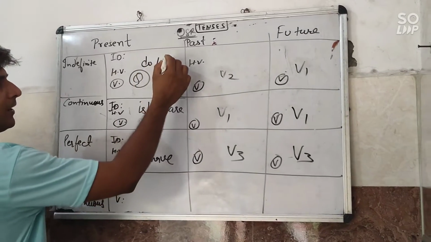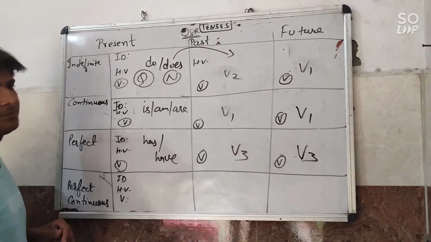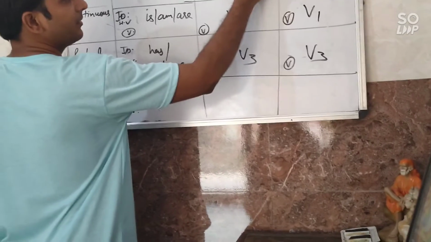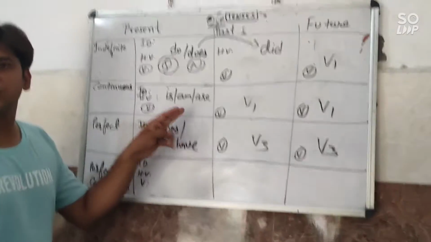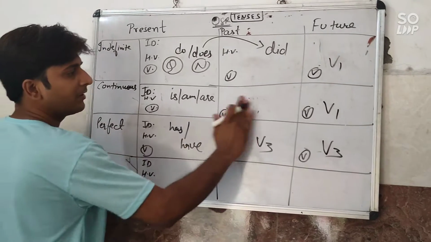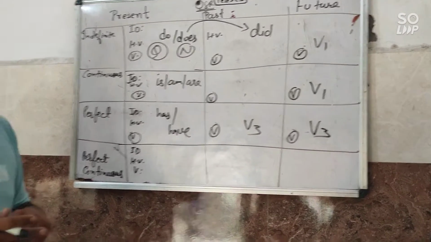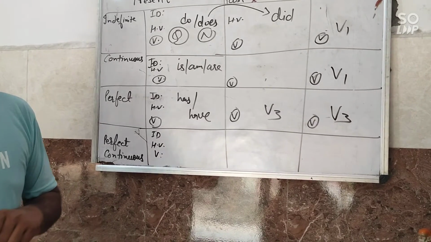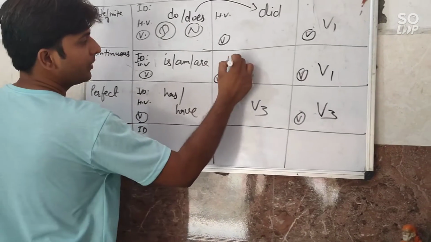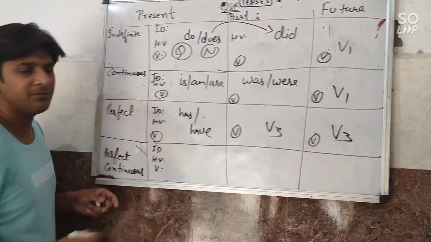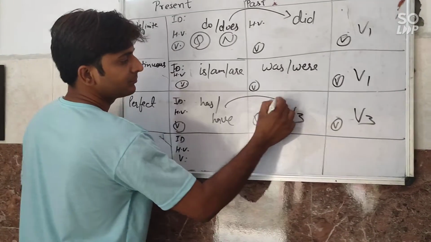Now what is the past of do, does? Did. Well done. What is the past of is, am, are? Was, were. Very good. What is the past of has, have?